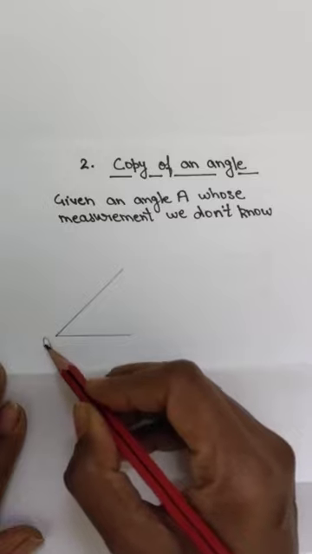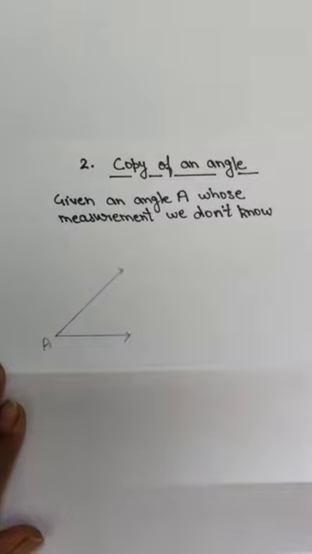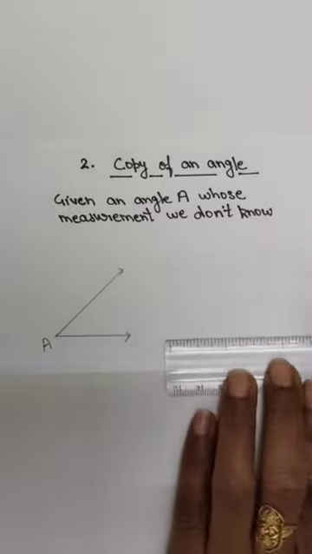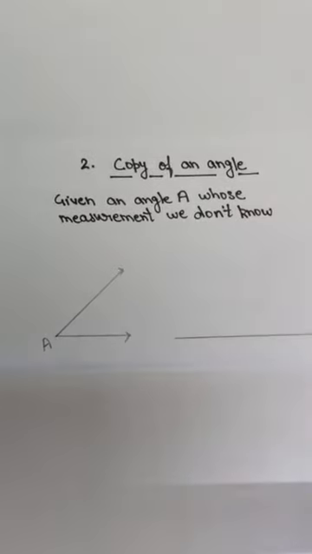This is angle A. We don't know how much degree this angle is. Now how will we make the copy of it? Draw a line L. Here I am making the copy of this angle. Draw a line L.